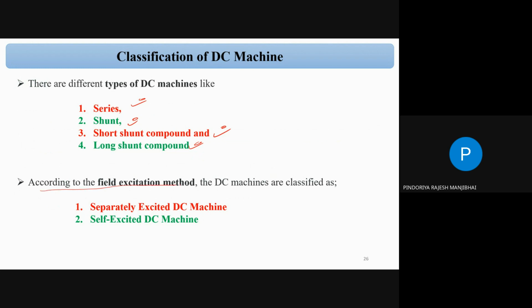According to the field excitation, there are separately excited and self-excited DC machines. We will study the mathematical analysis in the next class, but in this class, just an overview.